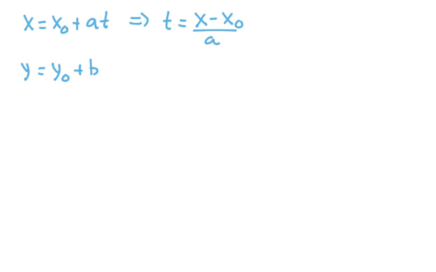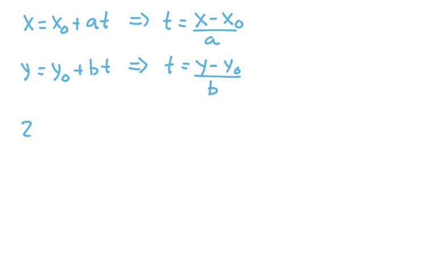Now, in those parametric equations, suppose I solve for t. We have to assume that a is not 0 for this to make sense. If I solve for t, can we agree that t is (x minus x naught) divided by a? And if I have y equals y naught plus bt, that implies t is (y minus y naught) divided by b.